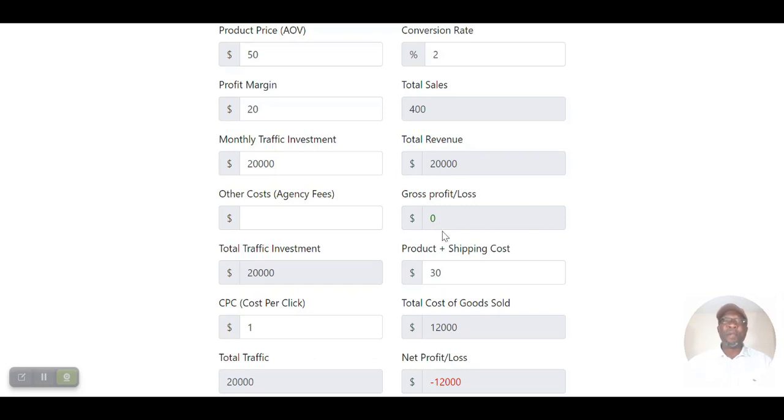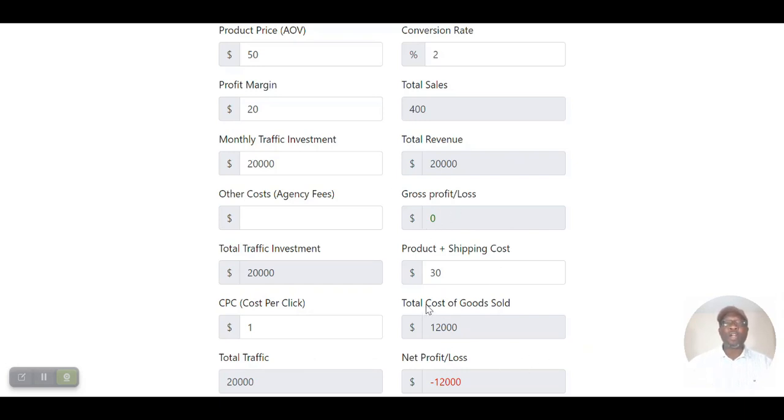Okay, but if you see, their cost of goods sold is $12,000. Because that is $12,000, they are now having to lose $12,000. So they are at a loss with $12,000 in their business. Okay, so I hope you're following this as we go.